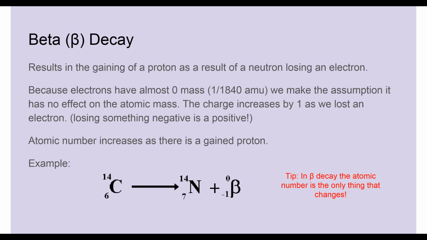Now, we don't go into the full detail of what is actually going on. We get into things called quarks and all these crazy things. The idea essentially is a neutron loses a small piece of a negative particle. That losing of a negative particle gives it a positive charge, making it a proton.